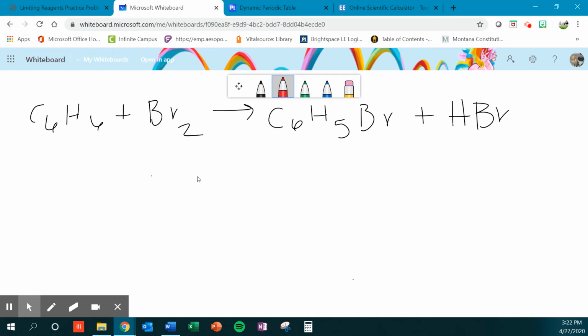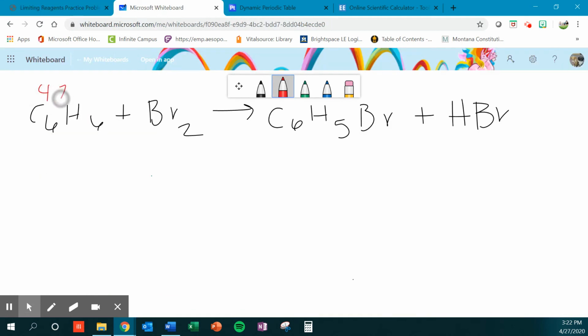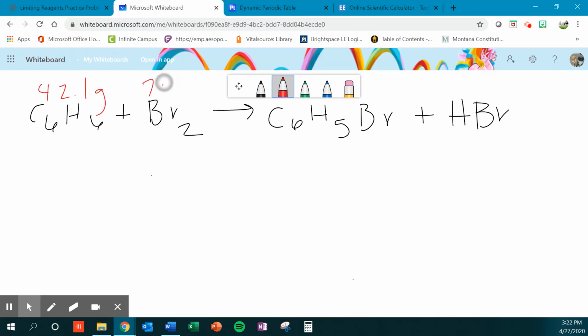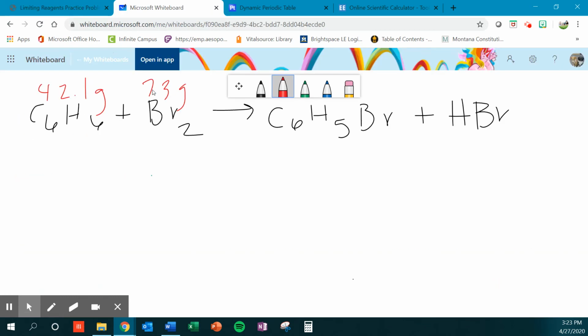So it's all a 1-to-1 ratio, which makes our life really easy. Okay. And so we know starting with this, we have 42.1 grams of C6H6 and 73 grams of bromine gas. And ultimately, we're trying to figure out the C6H5Br. And so we'll take both of these out to moles to calculate what the limiting reactant is.